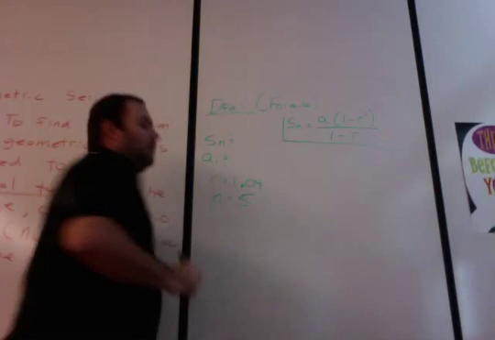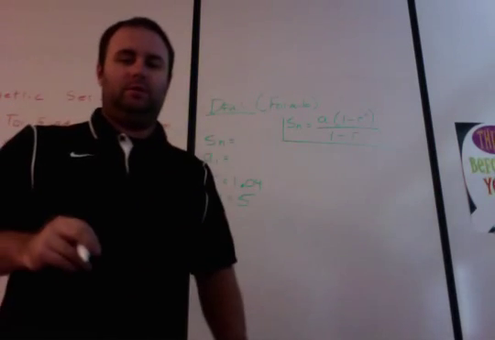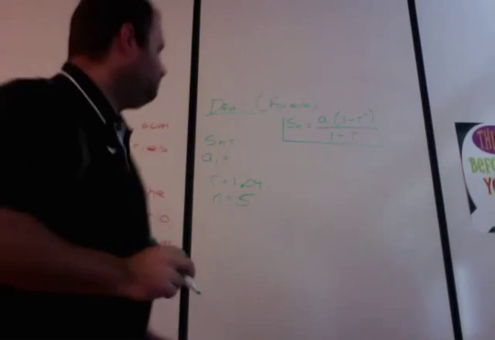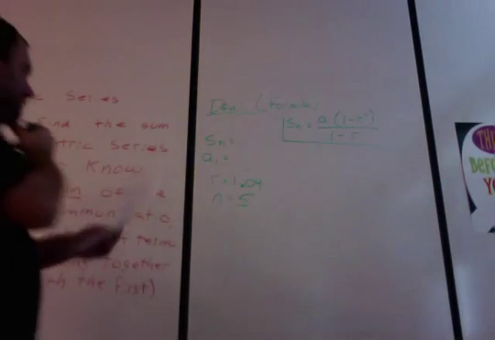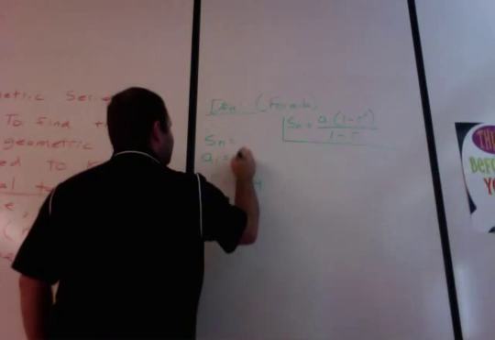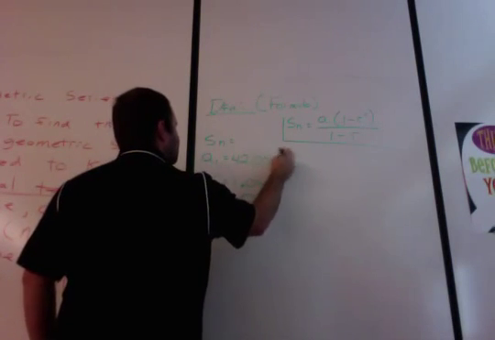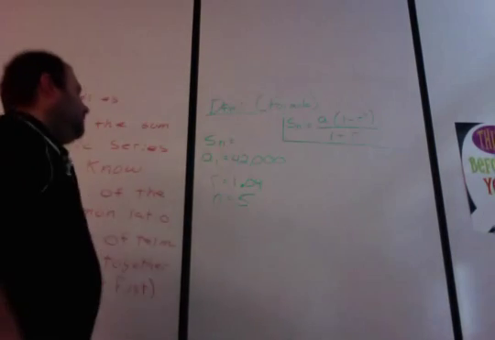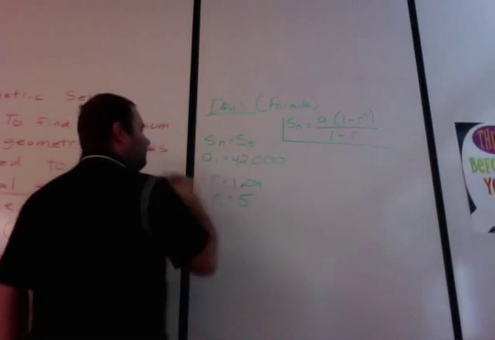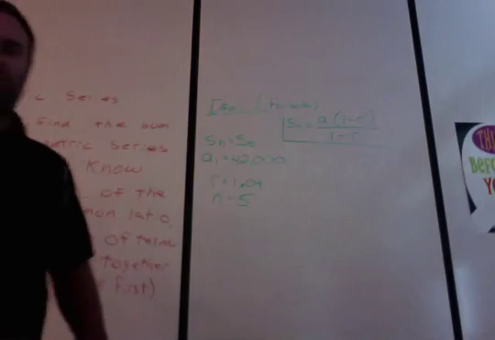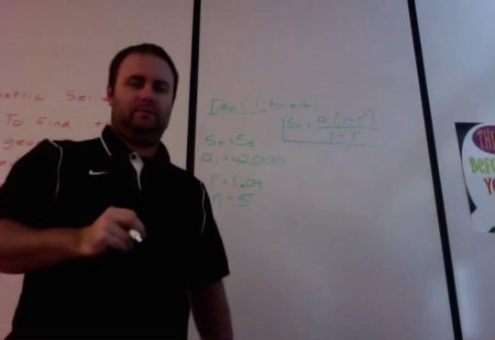We need to make that 104% or 1.04. What was his initial salary, his first year salary? It was $42,000. Now this S sub n is going to represent S sub 5, the sum of his first 5 years.